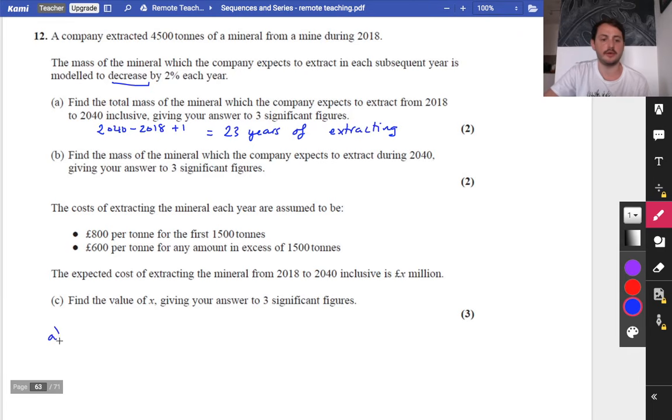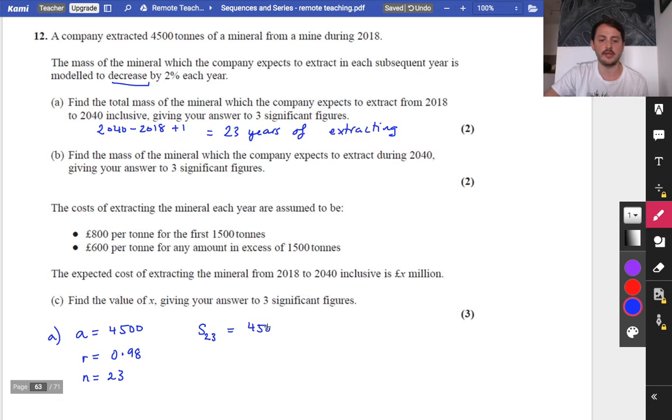Okay, so for part A of the question, the starting value is 4,500. The common ratio is 0.98 because it's decreasing by 2% each year. If you multiply by 0.98, you decrease by 2%. And the number of years is 23. So the total mass is the sum of the first 23.